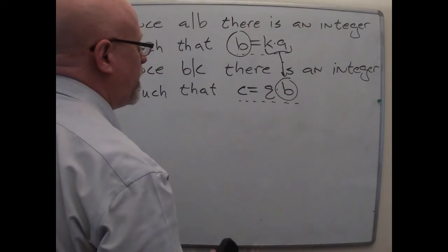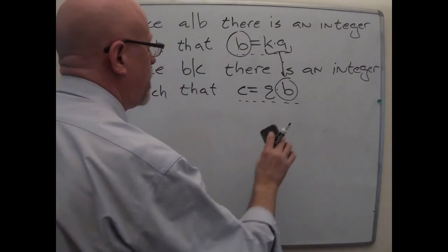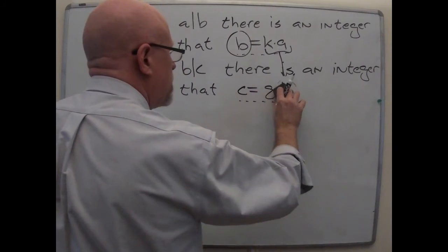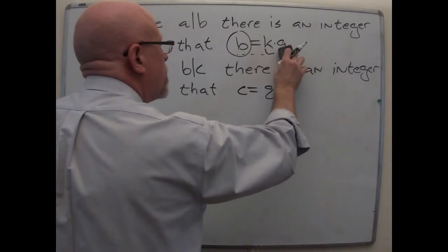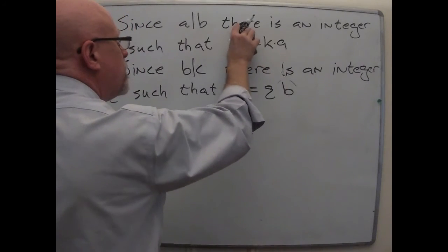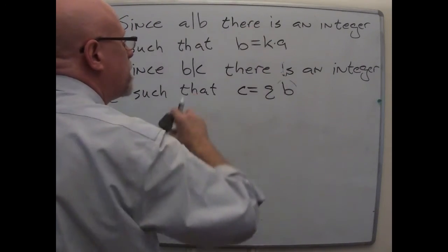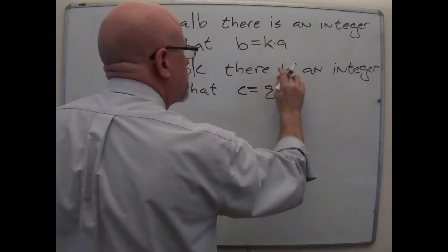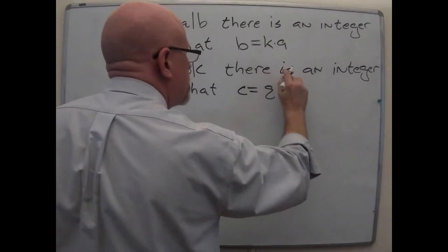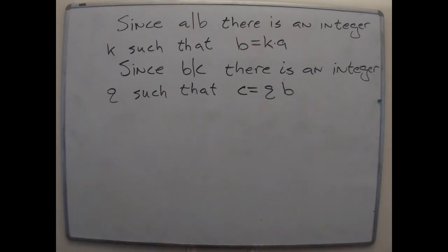I've just uglified my nice proof by writing all this junk on it. Let's take all that away. Let's make it look like we didn't have to have that discussion. Mostly repaired.